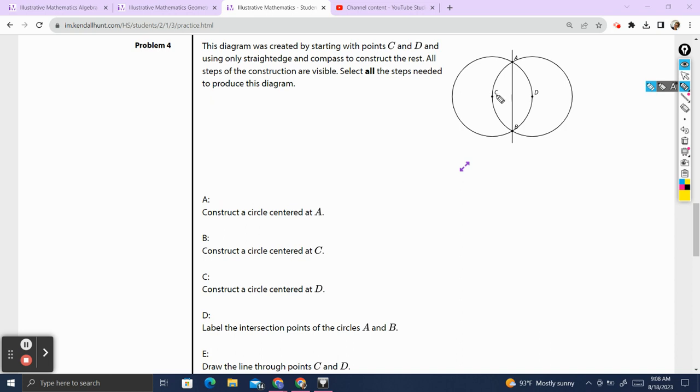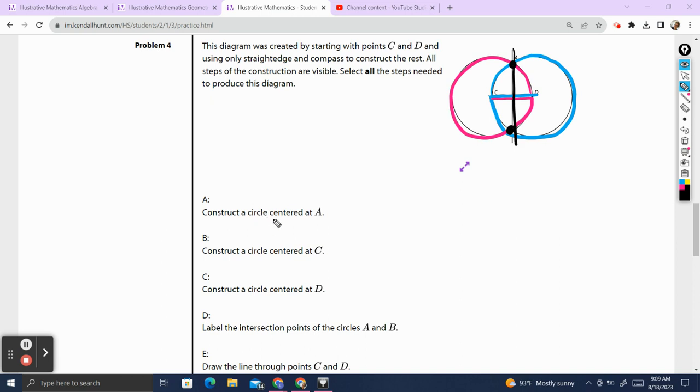Well, we started with points C and D, and I am already an expert over here, since we've been doing the same thing over and over again. I start with this circle over here. Then, using the same radius, I draw that circle over there. Finally, I take my points of intersection, and I connect them.